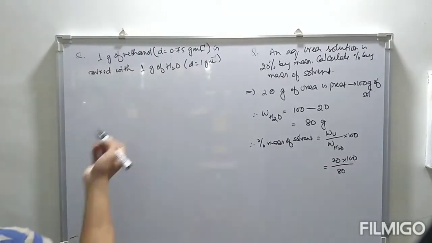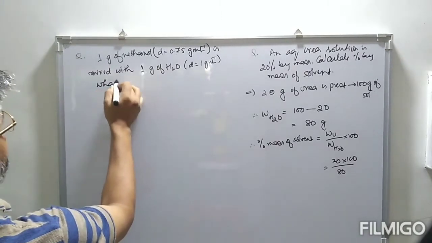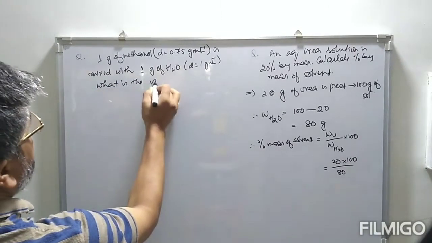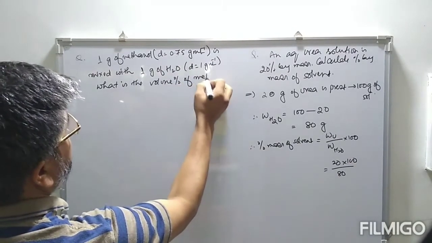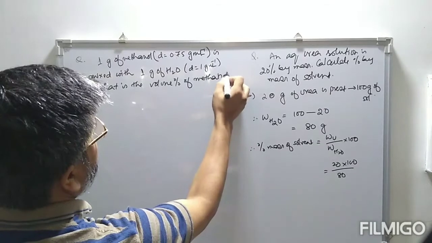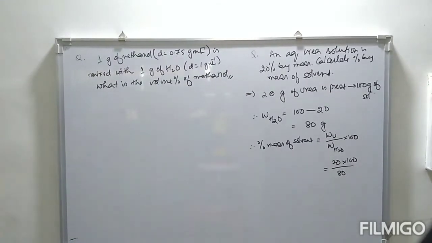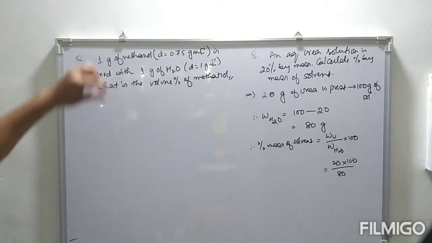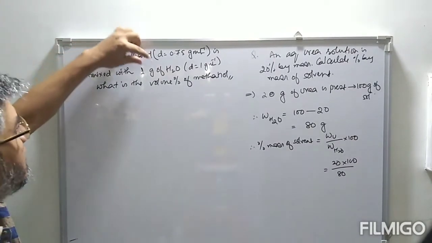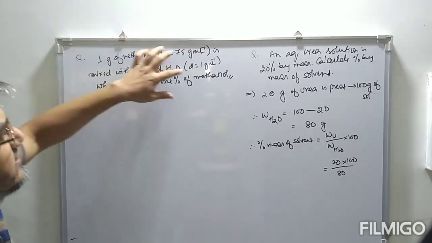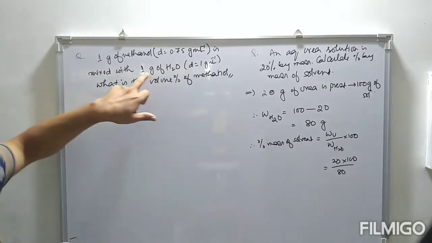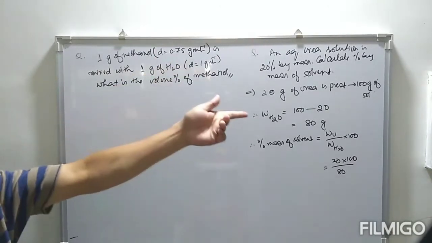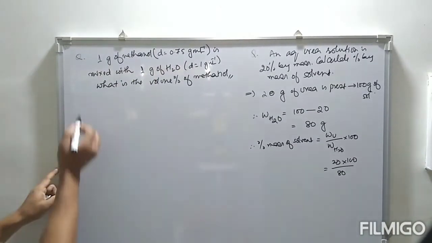What is the volume percent of methanol? So the solution is formed by mixing 1 gram of methanol in 1 gram of water. Densities are given. So what is the volume percent? So we have a density, we have a mass. So this is to be converted into volume.